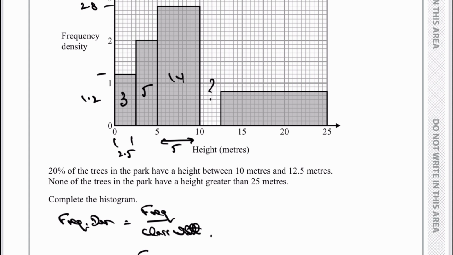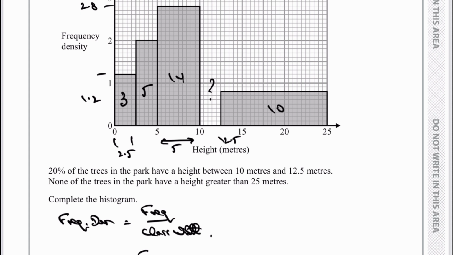And then finally I've got a class width of 12.5, from 12.5 to 25, and a frequency density of 0.8, I think. So that's going to give me 10 trees in that particular block.